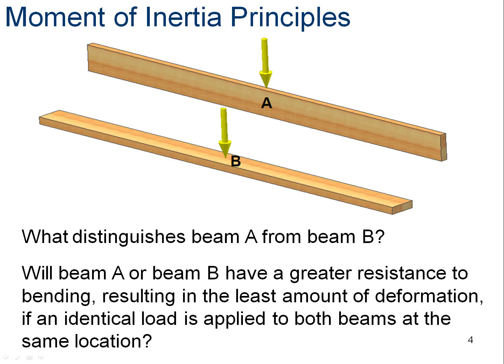So when we look at this and we say beam A and beam B, which one's going to have the greater resistance in bending? And that means that if the force is equal, which will deform less? So it's identical beams, identical force. The only difference is orientation. Beam A is in joist, beam B is in plank.